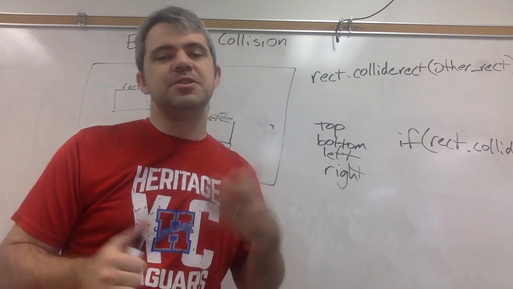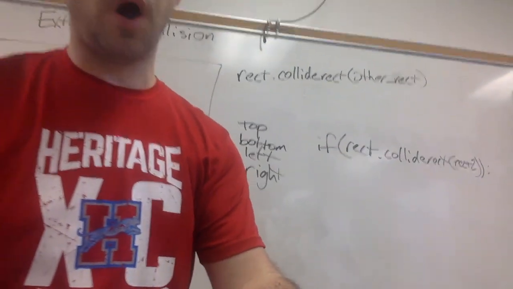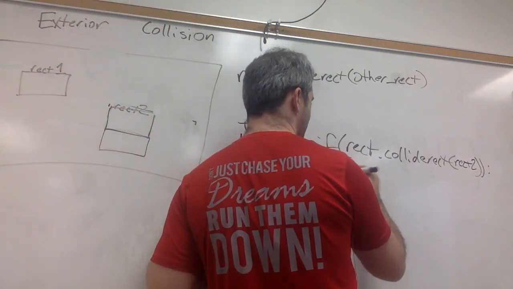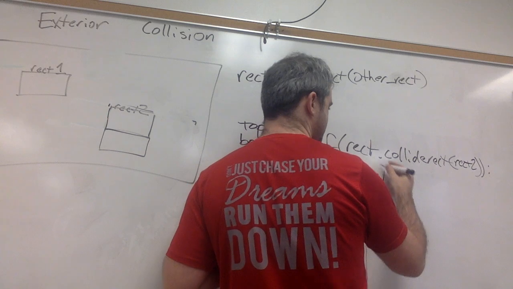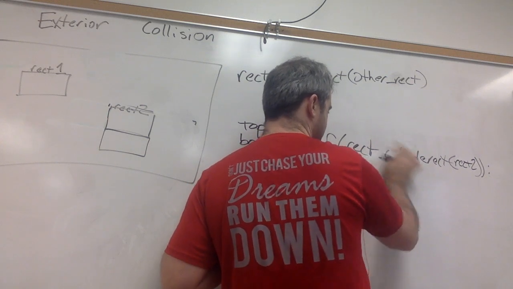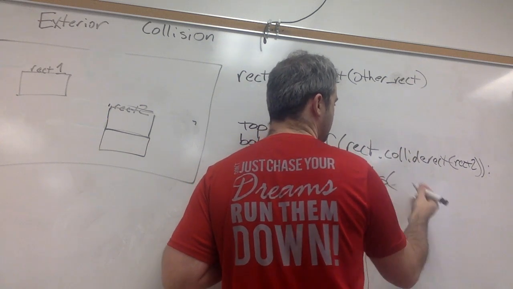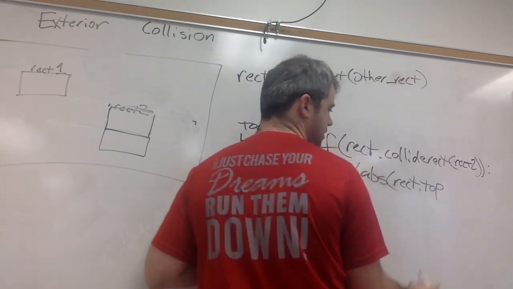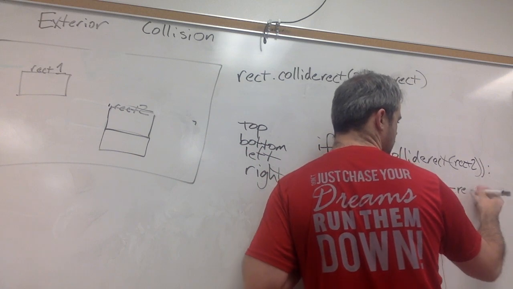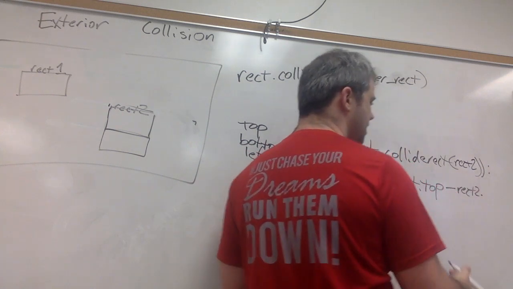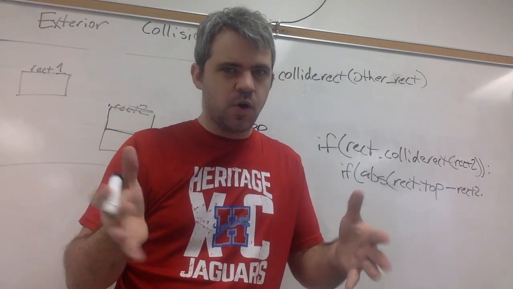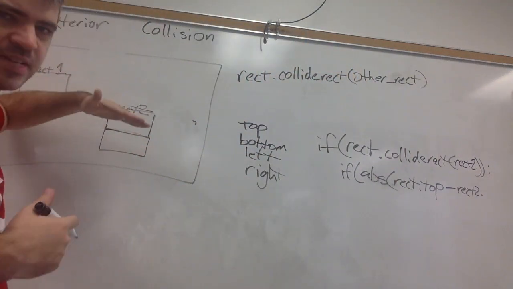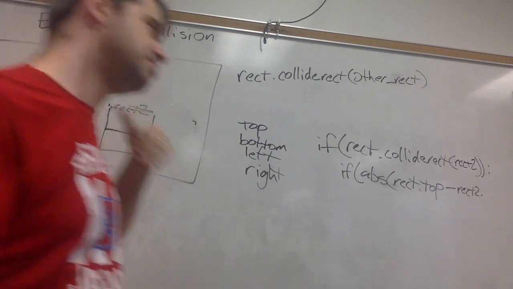So we're going to do almost identical to what we did last time, where we say, if the absolute value of rect.top minus rect2.bottom, since this one is colliding at the top, that means it's going to hit the other one's bottom.